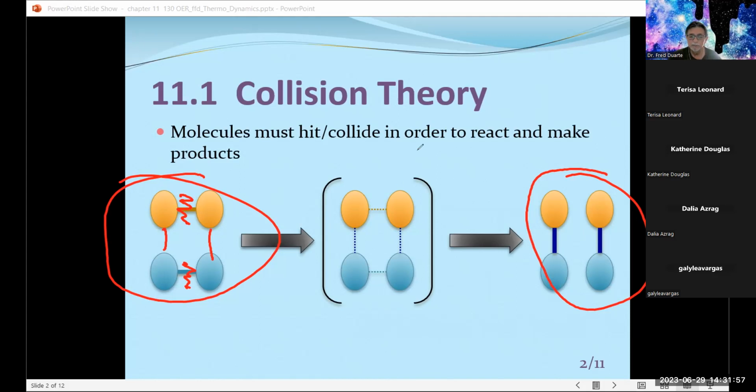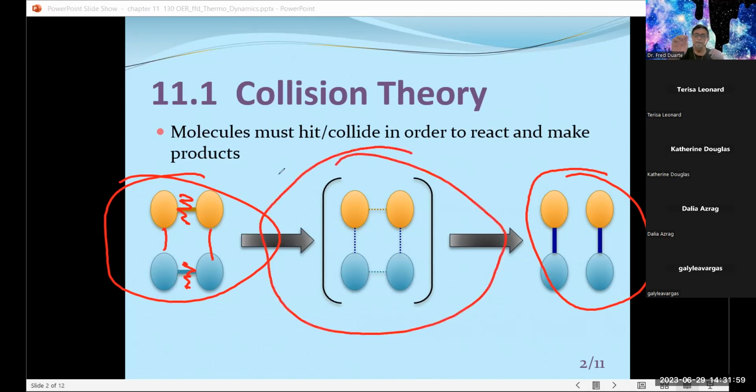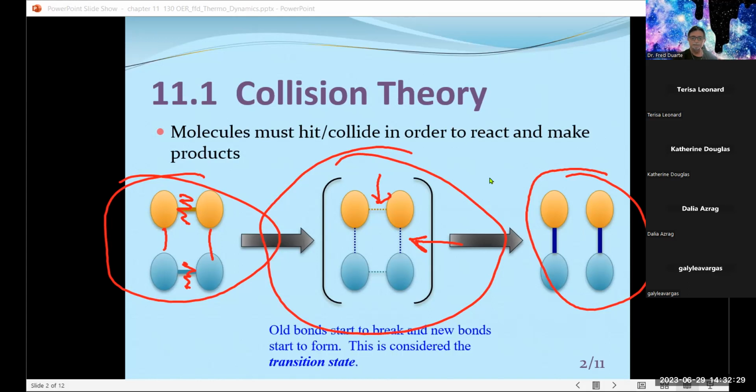We go through this middle state where simultaneously bonds are being broken and bonds are being formed. We call that intermediate state a transition state.